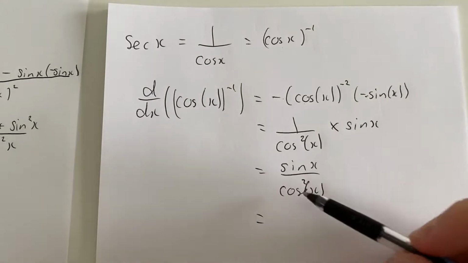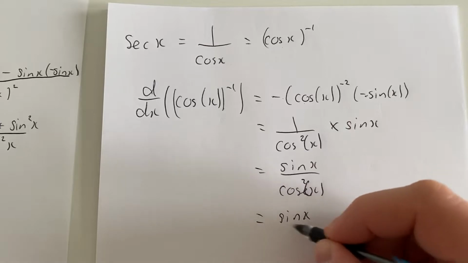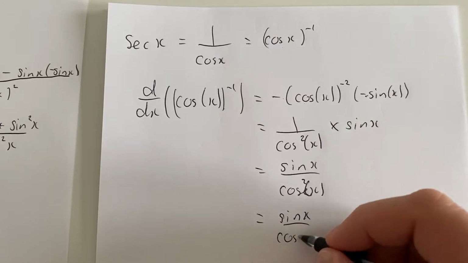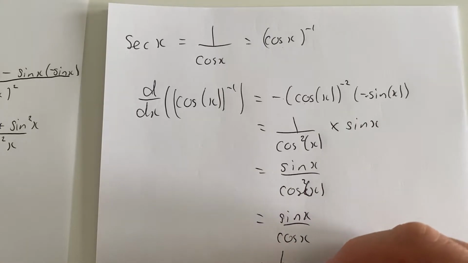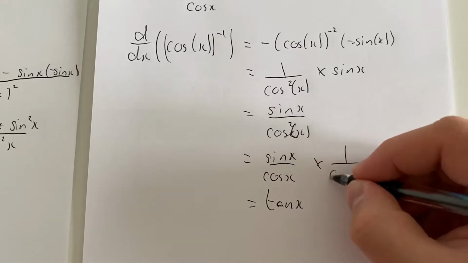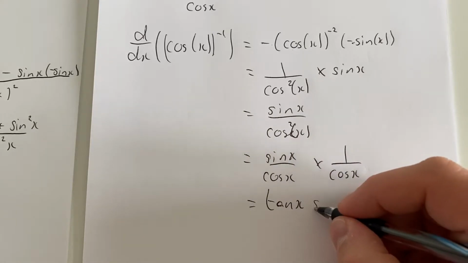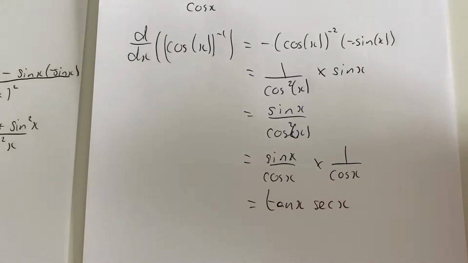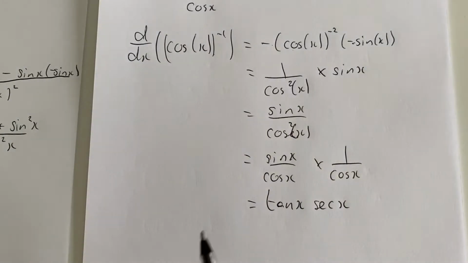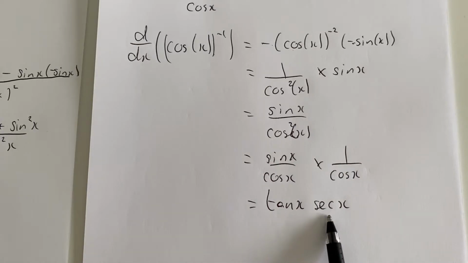More commonly, you will see that written as, you can split it up so you have sine x over cos x, which is tan x, multiplied by 1 over cos x, which is sec. So more commonly, you will see that the differential of sec is tan x sec x, or sec x tan x. I forget which way around they write it, but it's the same thing either way.